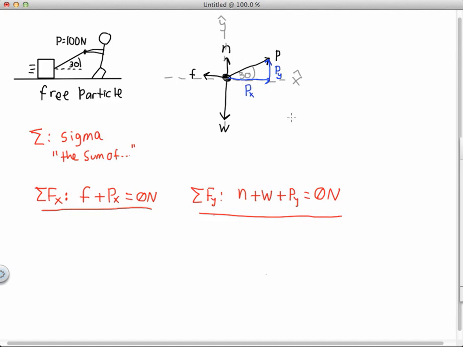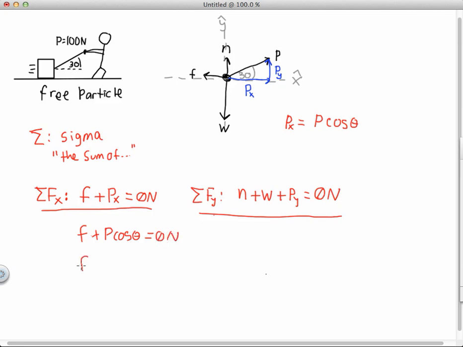And what you recall is that the adjacent side, in this case P sub x, is going to equal the force, which is the pull, and since it's the adjacent side, it'll be cosine of theta. So I can put this into this equation. F, and P sub x is a force that acts in the positive x direction, so I say plus P cosine theta equals 0 newtons.